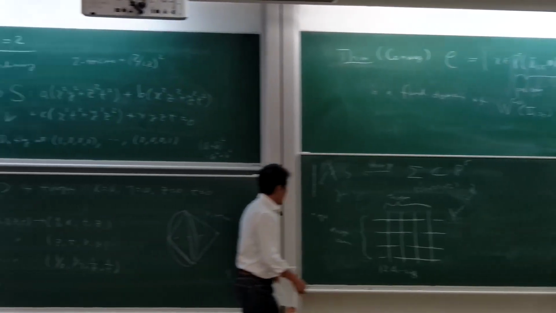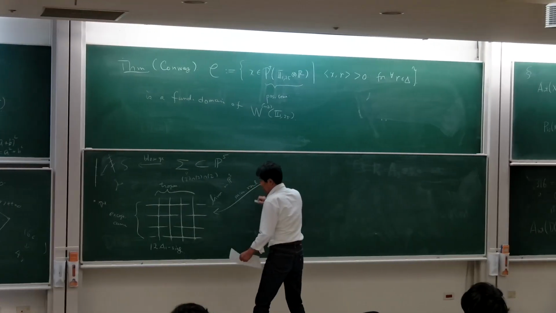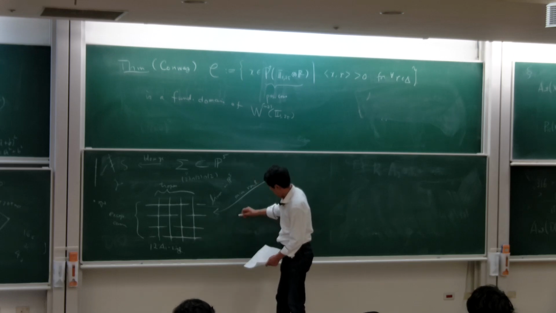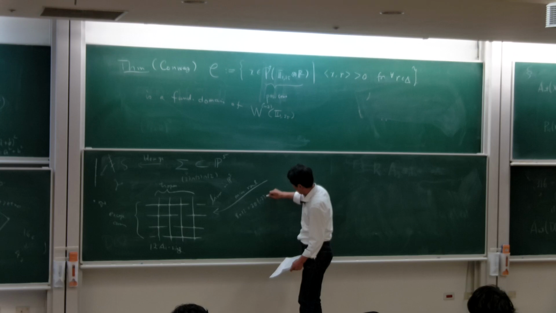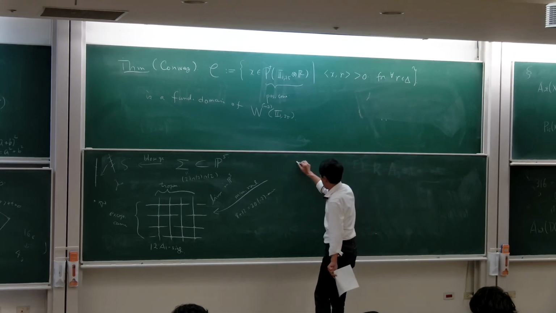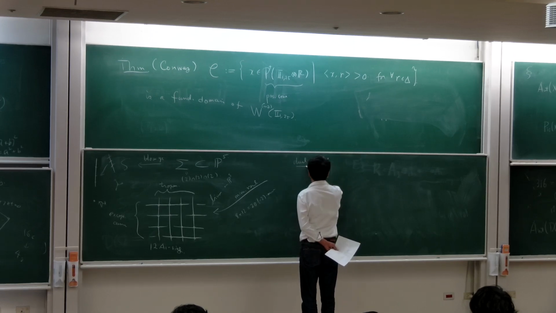Okay. And then we take a minimal resolution. Then we blow up 12 times. So totally 8 plus 12, 20 minus 2 curves here. And its dual graph is like this.